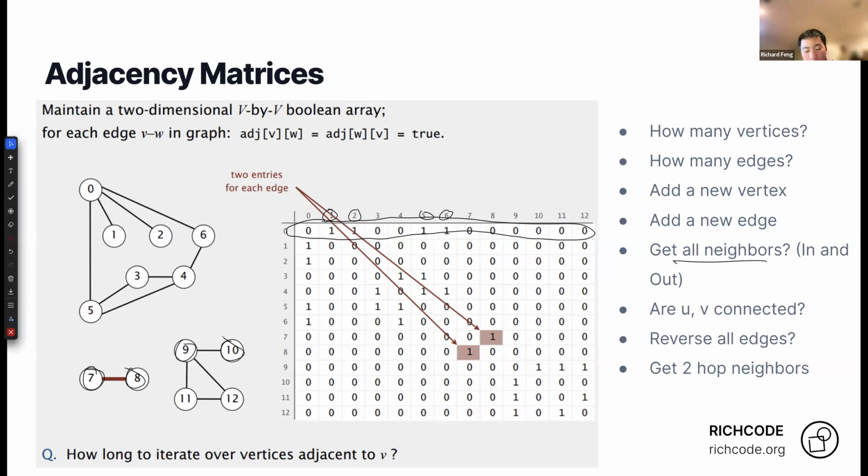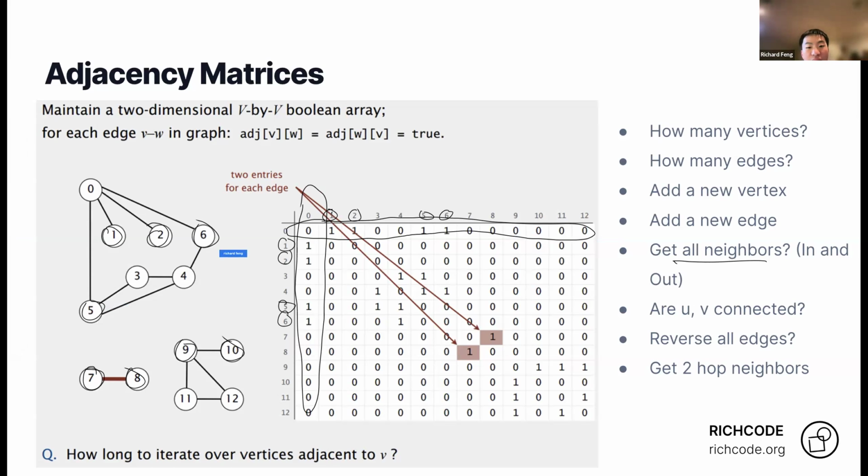But for the incoming neighbors, we can look here. So in this case, 1, 2, 5, 6. It's the same since it's an undirected graph. So if we look at the graph, we can see indeed 1, 2, 5, 6 are the neighbors. So we can just look at the row or the column, and anything that has a 1 is a neighbor.